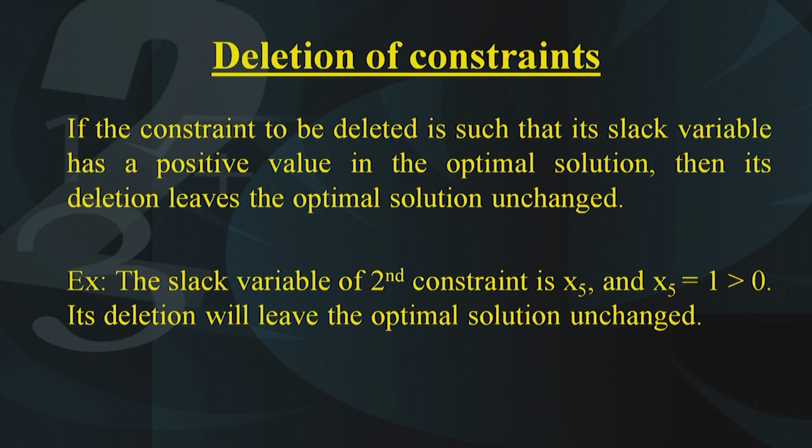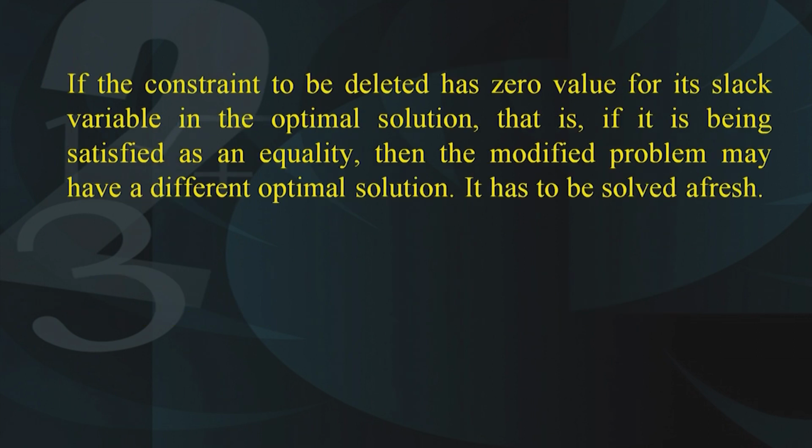So its deletion will leave the optimum solution unchanged. If the constraint to be deleted has 0 value for its slack variable in the optimum solution, that is, if it is being satisfied as an equality, then the modified problem may have a different optimum solution, and therefore it has to be solved again.